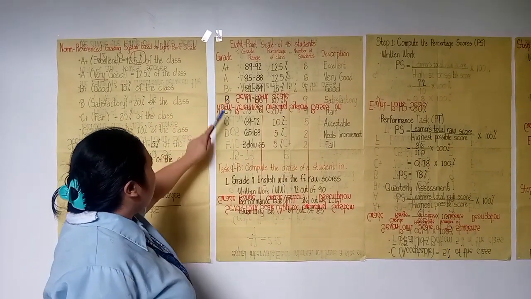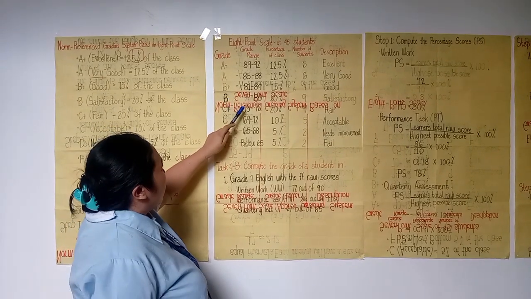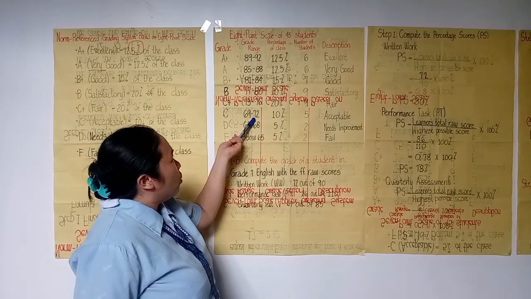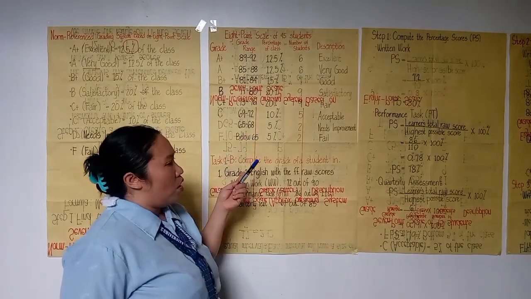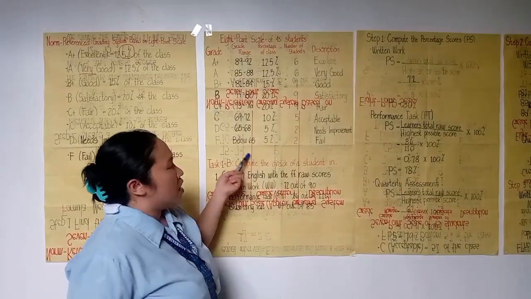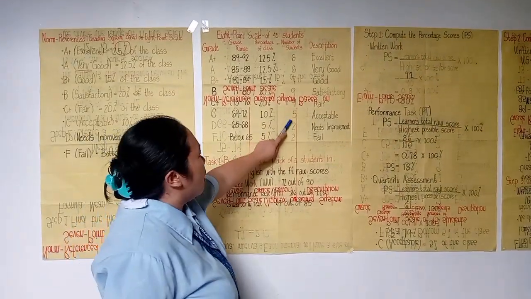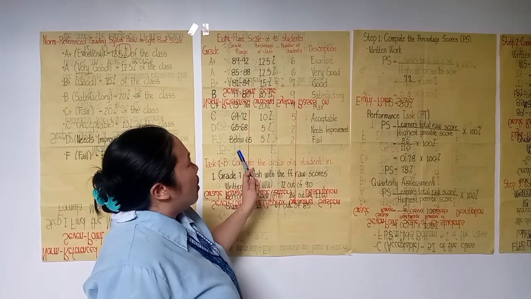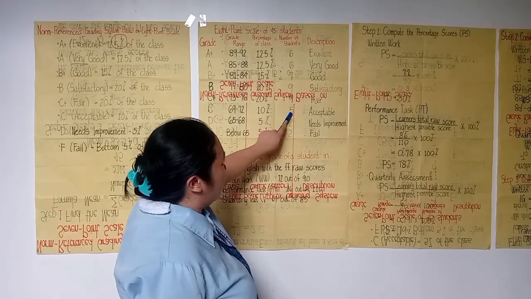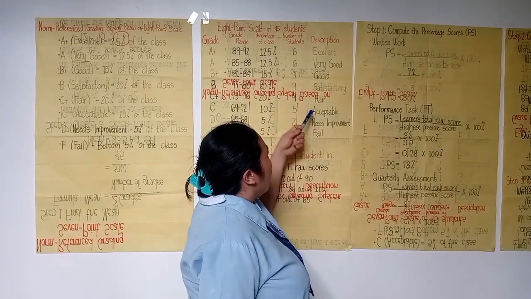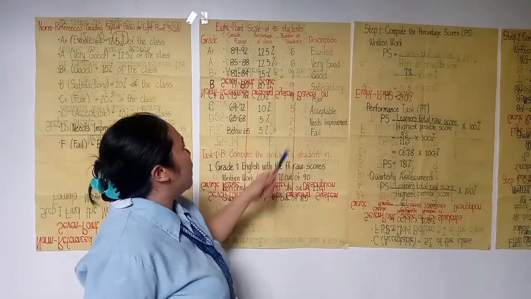Then grade C, grade range between 69 to 72. We have 10%. So 10% of 45 students is equal to 4.5. At 4.5, we round it up to 5 students. They are the acceptable performers in the class.